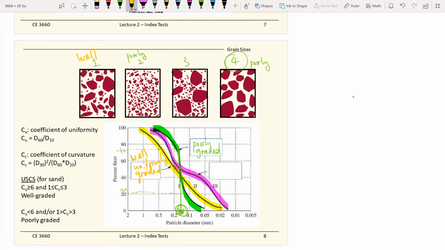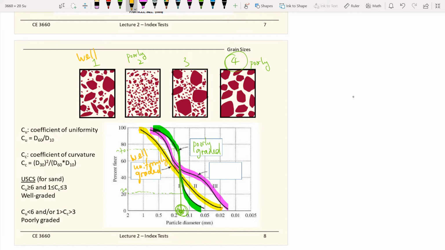Without engineering systems, if you just go by eyeball, you may have a hard time determining well graded or poorly graded. But the concept here is that being well graded means your soil sample has a good representation, equally distributed by percentage of every size.